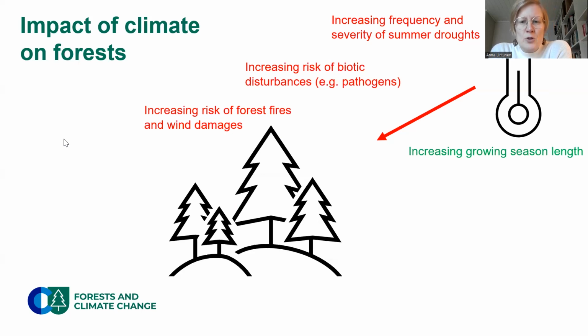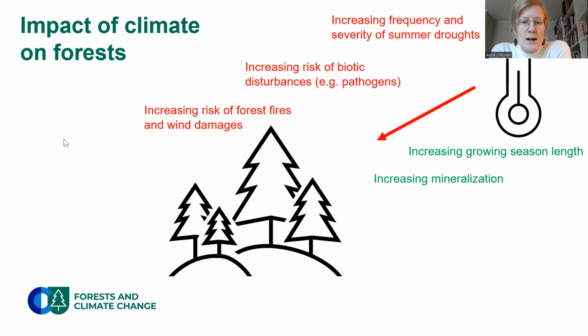Warming climate also increases the growing season length in areas where the growth is temperature limited, like here in the boreal region. Warming climate also increases the mineralization rate, meaning that when temperature is higher, the decomposition rate is higher.